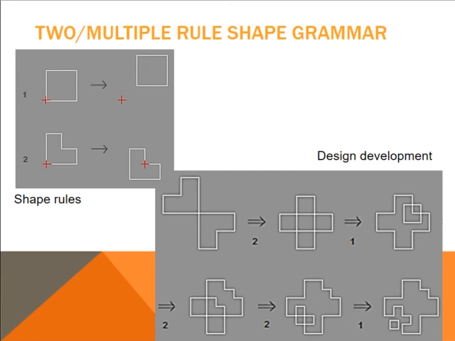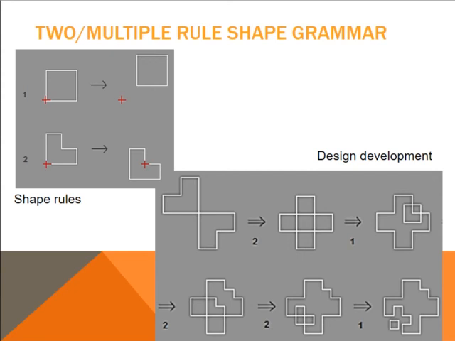Okay, so basically it's just movement. You have two rules, two different shapes. So the first one is square, the second one is L shape, and the rule only specifies that you just move the object. Okay, no additional shapes added to the initial shape.